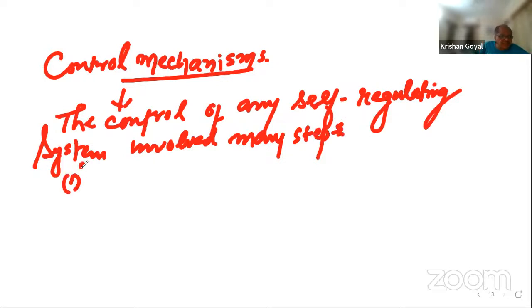Number one, the optimum point. Optimum means normal functioning point.